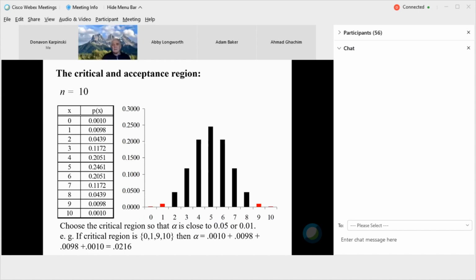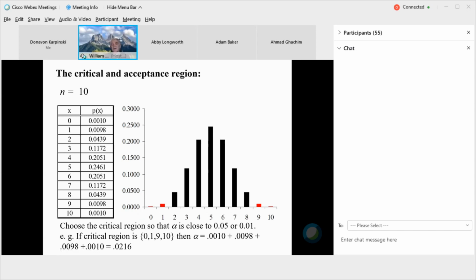The critical region. It'll be the observations in the tails, because that's what you'd expect if the median was not equal to mu naught. So I'll locate the critical region in the tails. One choice might be 0 and 1 in the lower tail, and in the upper tail 9 and 10.